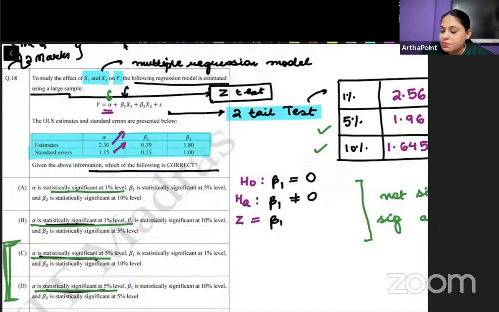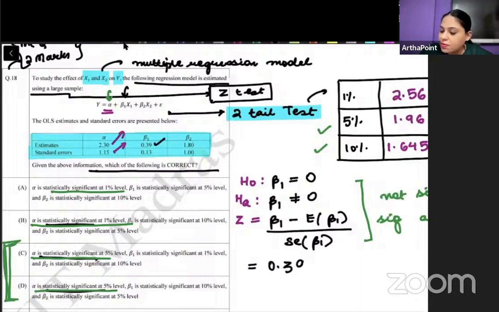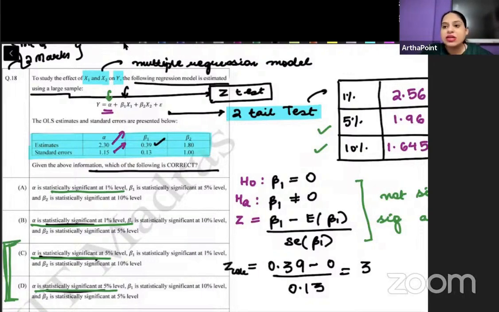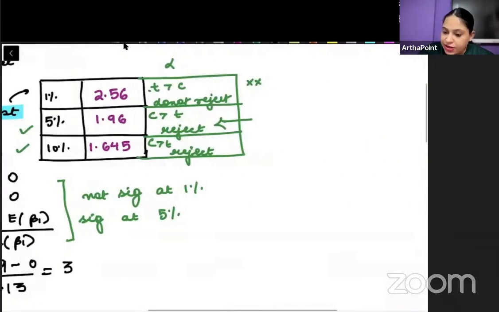My z will be beta 1 minus expected value of beta 1 upon standard error of beta 1. What is beta 1 here? 0.39 minus 0 upon 0.13. It means it is 3. The z calculated is coming as 3. Now look, here I am writing it for beta 1.